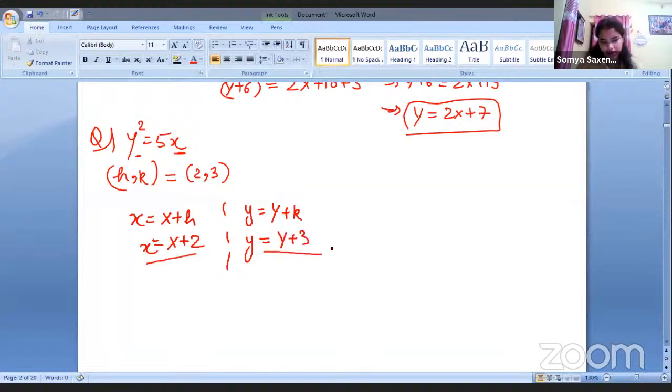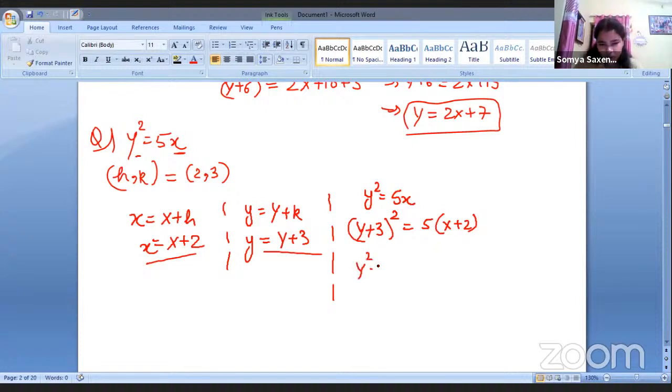Now this particular expression is given to us, where we have y square is equal to 5x. So instead of writing y, we'll write Y plus 3 because we have it in this form here. And instead of writing small x, we'll write the value which we have found out right now. So when we open it slightly, we will have this and we will have this. So 5x.